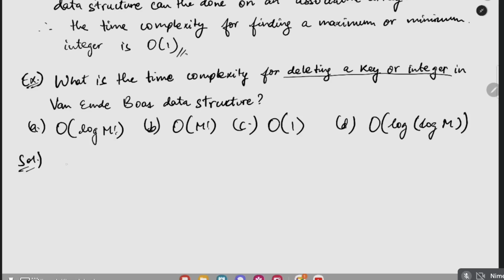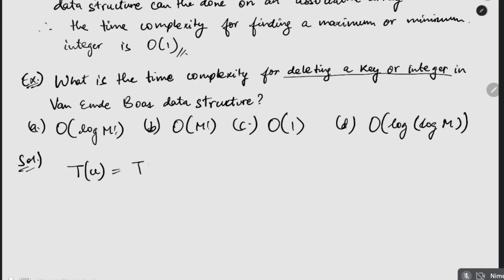And in the Van Emde Boas data structure, searching and by extension of that, the insertion and the deletion are basically performed like binary search, but on the square root of the size, right?